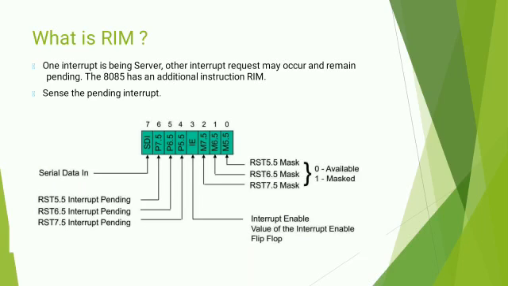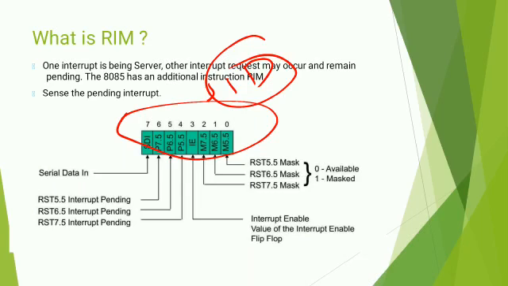It is a multi-purpose instruction used to know the status of pending interrupts and also to receive serial data through the SID pin. This status of interrupts and serial data is loaded into the accumulator after execution of the RIM instruction. This is D0 to D7.